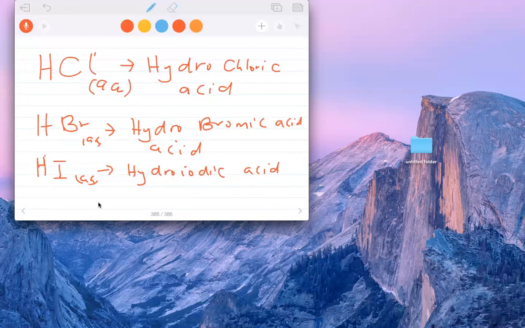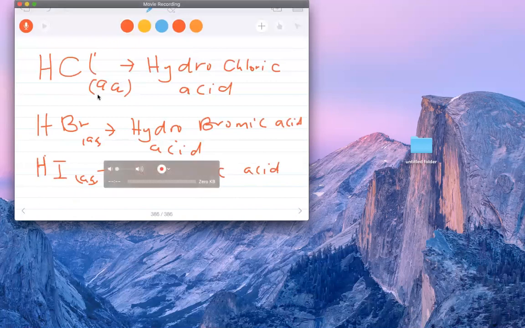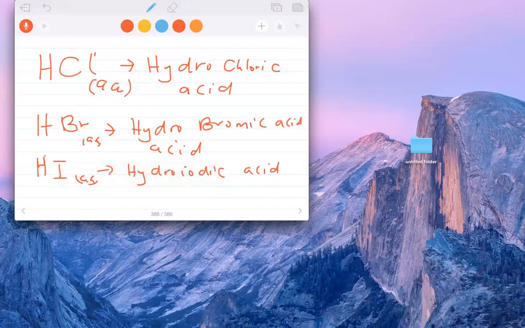So what I was saying is, for binary acids, two elements, both are nonmetals, and then the subscript AQ. You may not see AQ, but you will see the word aqueous. AQ means aqueous. My Q looks like an A, sorry about that.